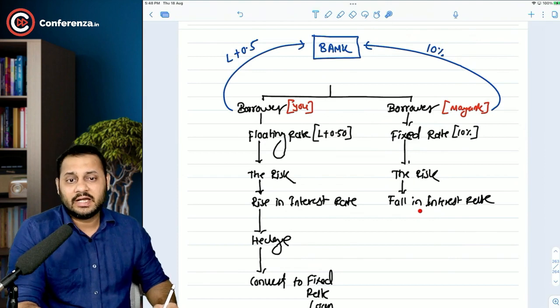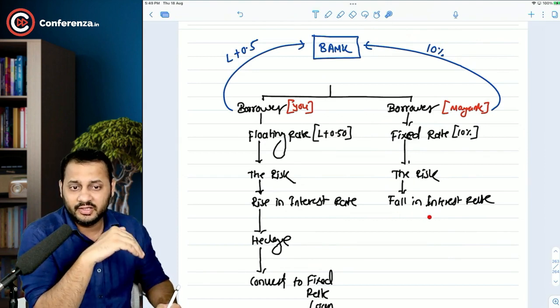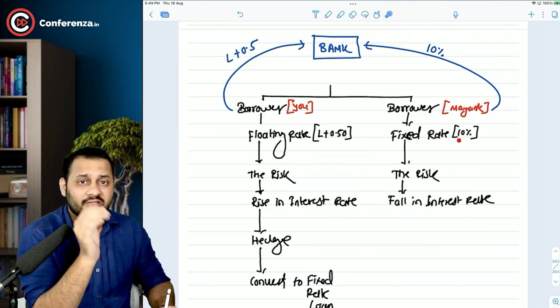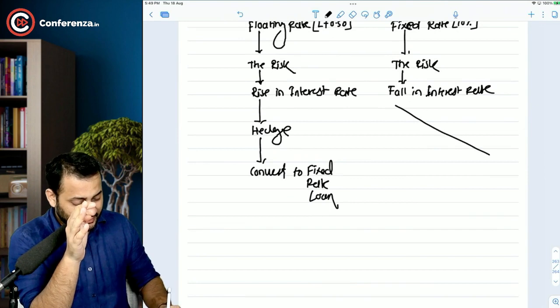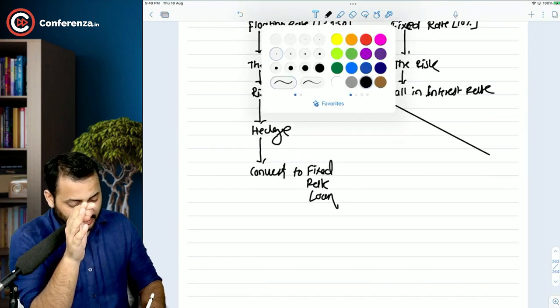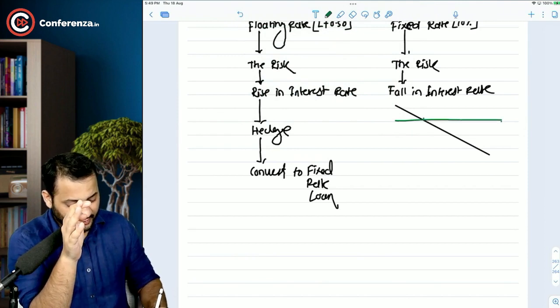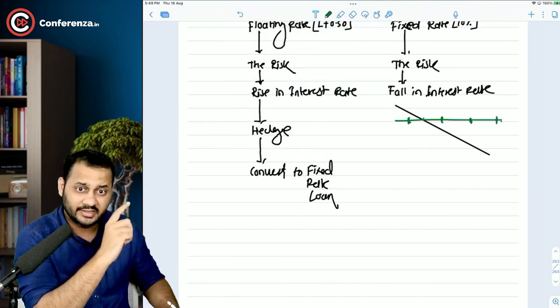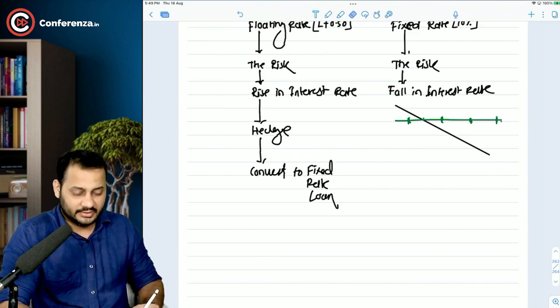Now understand that if the interest rates are going to fall, every year I will still pay 10% fixed. See, the interest rate will go like this, and I will still pay the fixed amount every year, 10% fixed when the rates are going down. Is there any way to hedge myself?